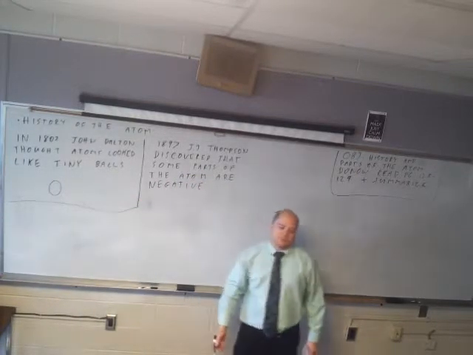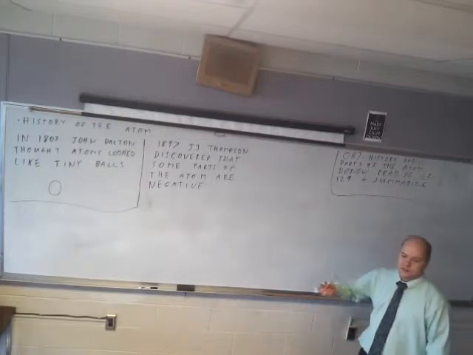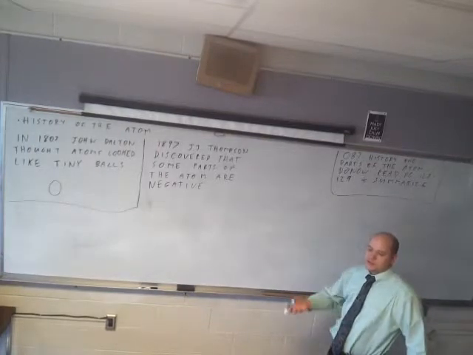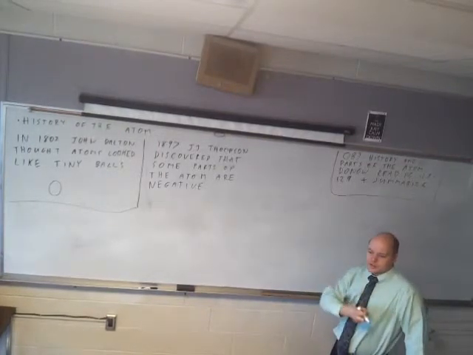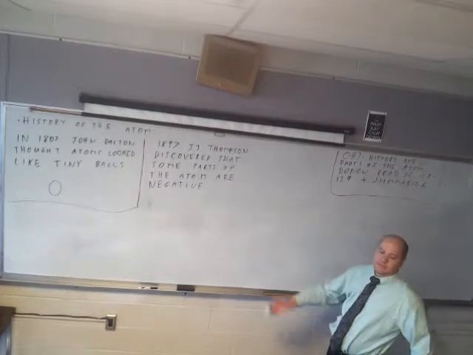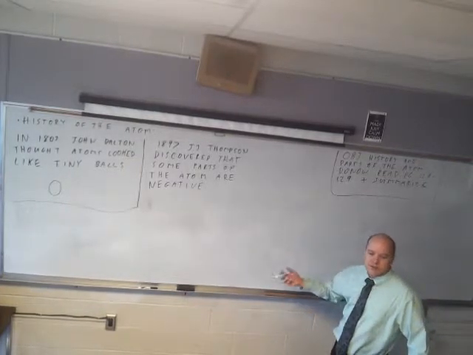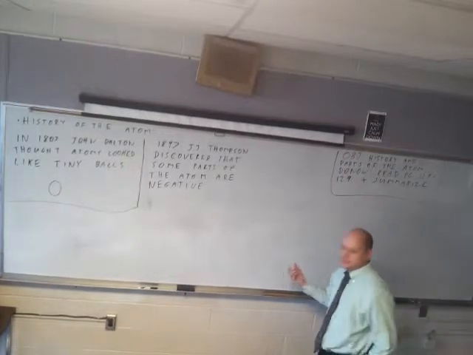This is important because if it was just a sphere and everything inside was solid, the same throughout, then there wouldn't be negative parts and positive parts, right? So because there's different parts, it means it must have some sort of structure inside.